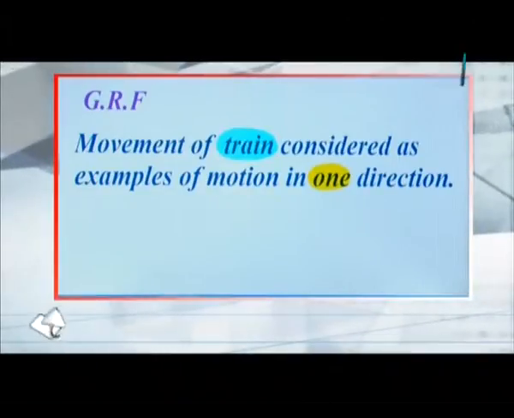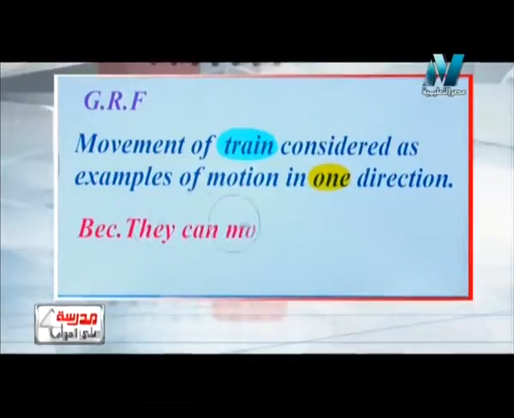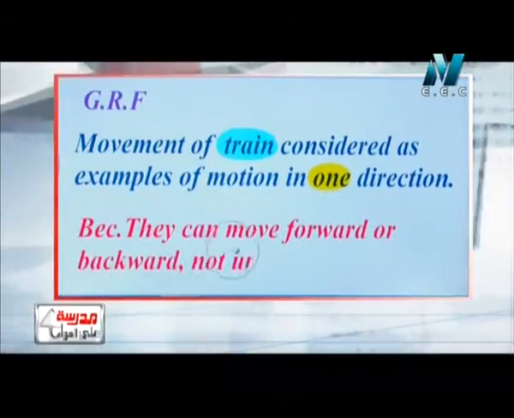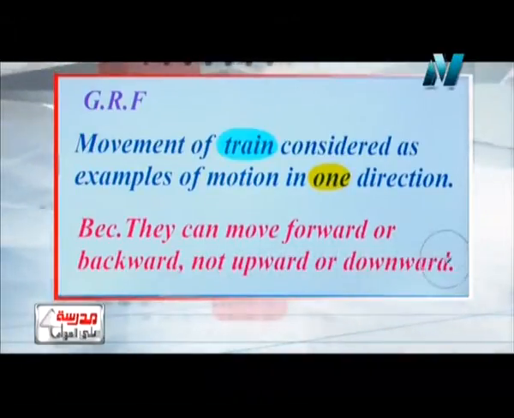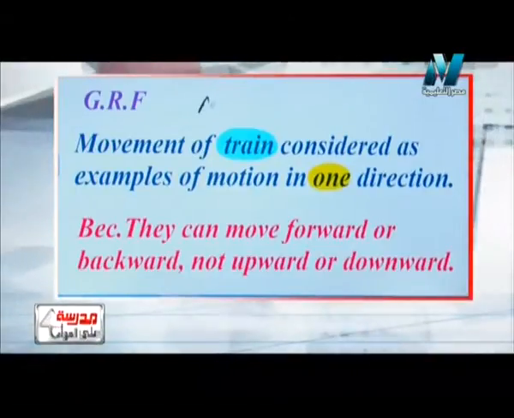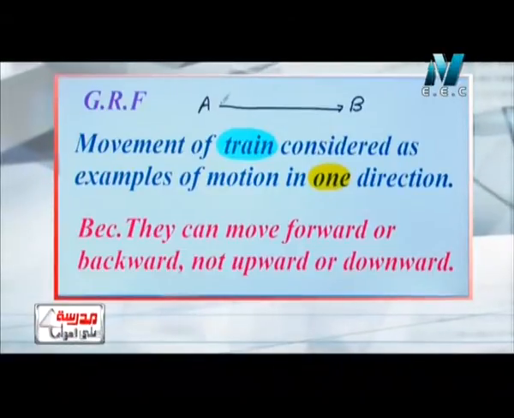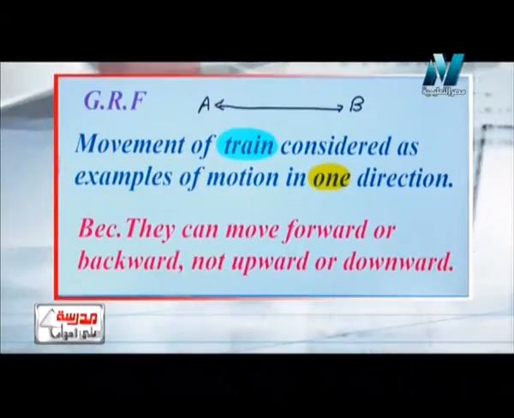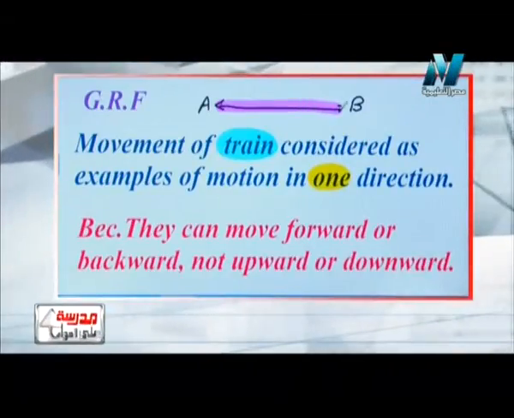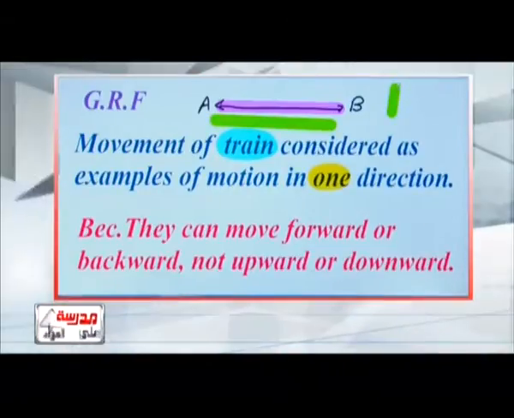So we can answer the question and we can say here: because they can move forward or backward only, not upward or downward. So here the train will move, as we see here, from point A to point B, then return back from point B to point A. So in this case we talk about motion in one direction, maybe forward or maybe backward, not upward or downward.